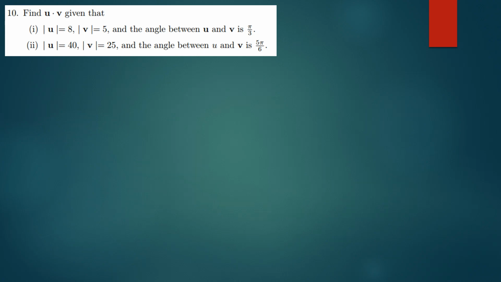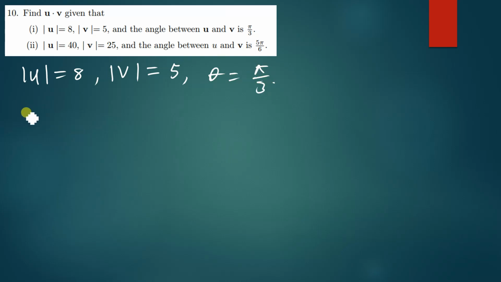So they are saying find u dot v, given that the magnitude of u is 8 and the magnitude of v is 5, and the angle between u and v is pi over 3.